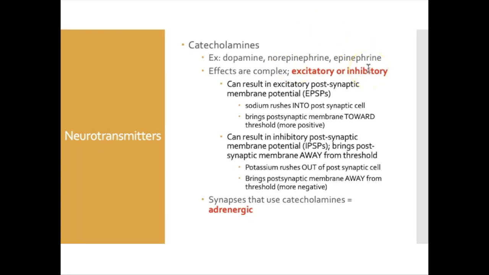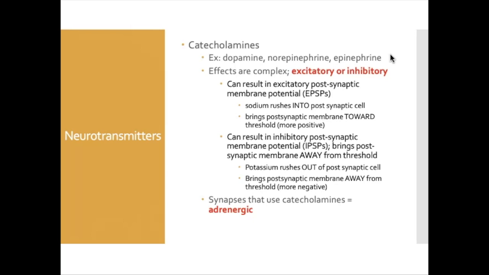So depending on the neuron and depending on which of these neurotransmitters it's going to use, they can be synthesized all from the same precursor molecules. What makes catecholamines particularly interesting is that unlike acetylcholine, the catecholamines can have different effects in different synapses. Their effects can be either excitatory or inhibitory.